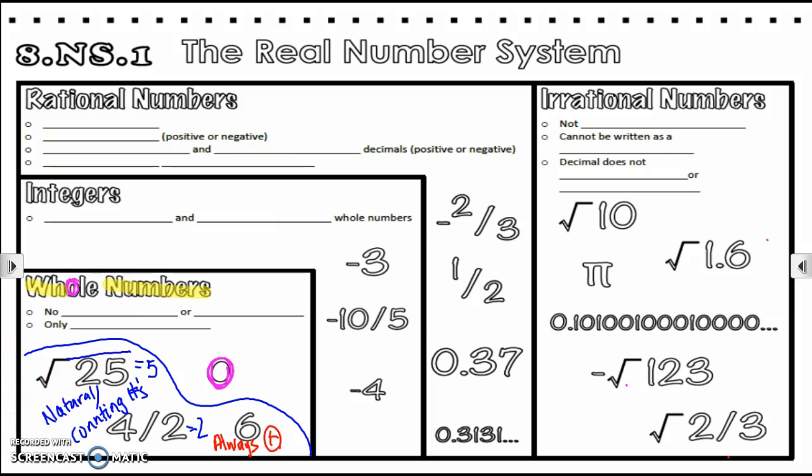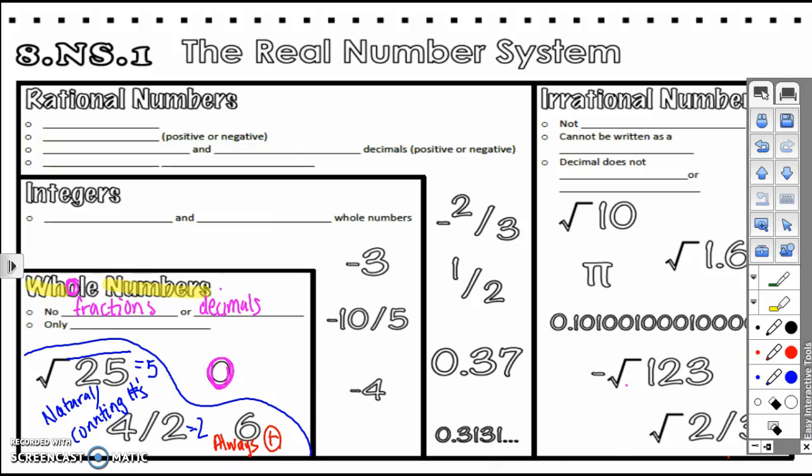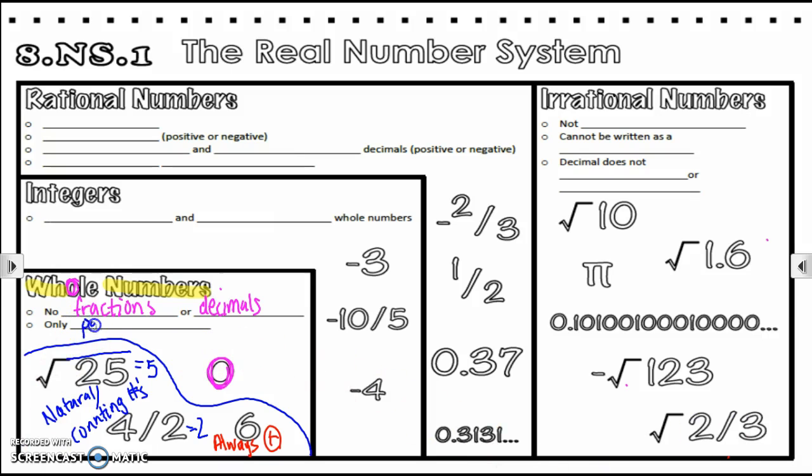Whole numbers include the number 0. So everything else, all positive numbers and 0. There are no fractions or decimals, and only positive numbers. We haven't hit negatives yet.